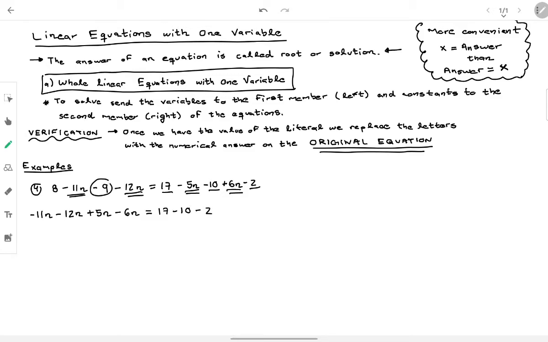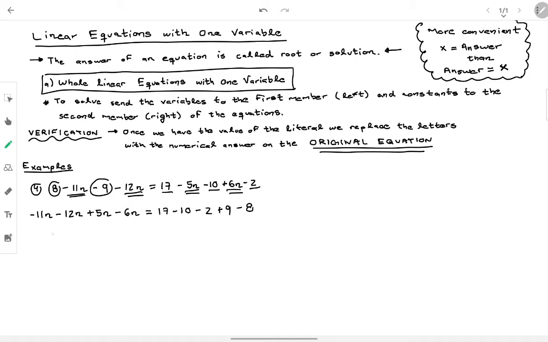In this case, the minus 9 will become plus 9. The plus 8 will become minus 8. And let's see, in this case it's going to be on the left part. Remember, you can do it mentally, but I will do it in steps for explanation purposes.